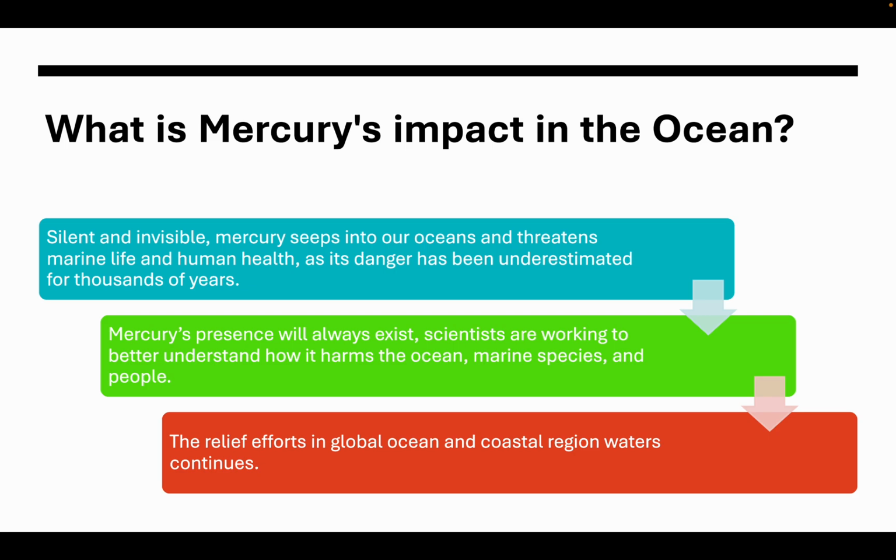So I just want to start off by generalizing mercury's impact in the ocean. I think it's important to start here because there are so many different influences that will impact us, pertaining to chemistry with various elements.